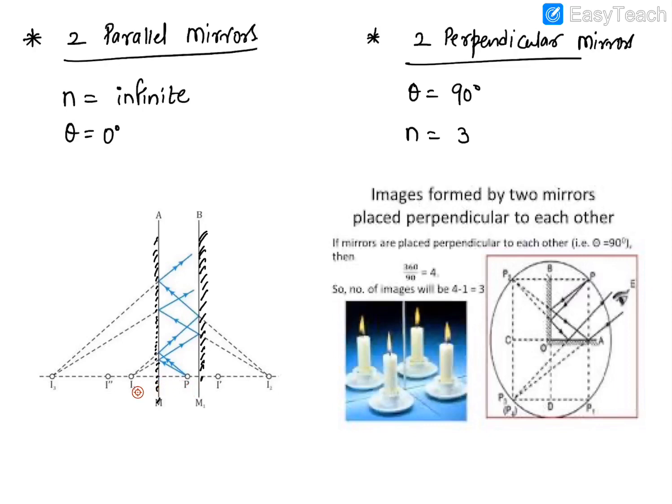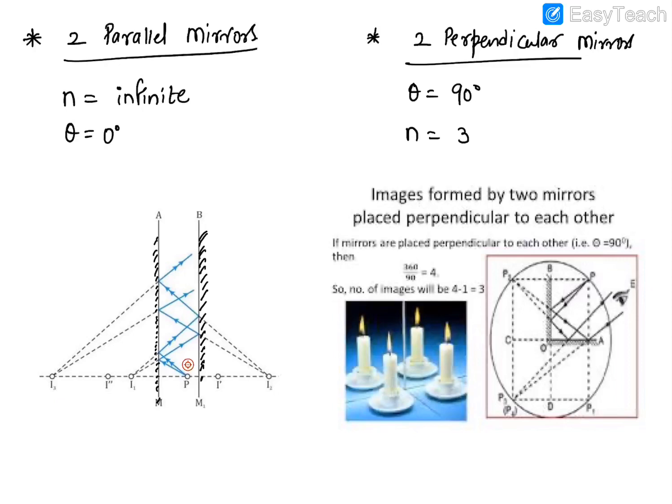Here behind the mirror, I1. Now this image I1 is actually an object for the mirror M1, correct? So the image of I1 will be formed here behind the mirror, I2. Again, this image is an object for the other mirror. So again this will get reflected and you'll get another image I3, and that's how this process will continue.